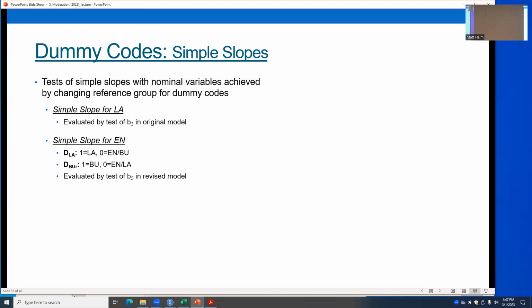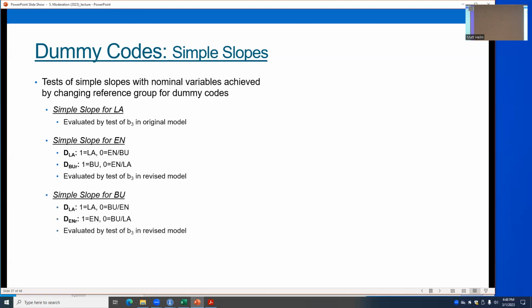Well, I guess you could. Yeah, but this just kind of switches things around here, right? And so now if I go through and I rerun this, where now engineering is my reference point, that coefficient looking at the unique effect of GPA on starting salary now refers to my engineers.